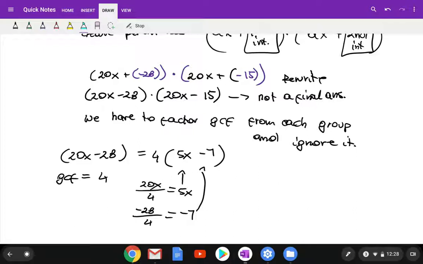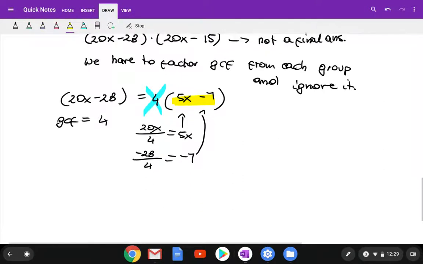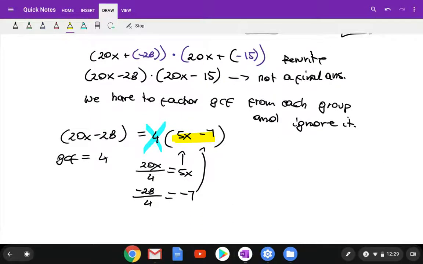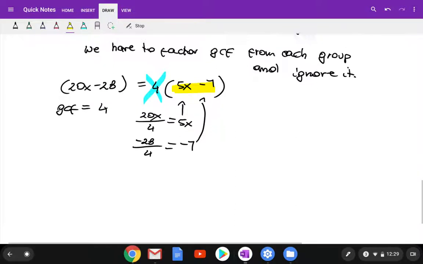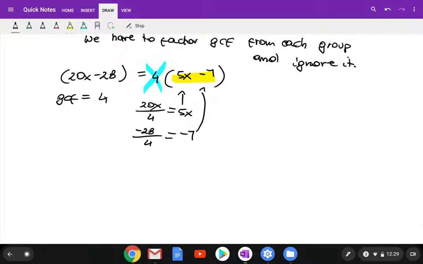And we ignore the GCF, okay? So the only thing we're going to keep is the final answer. It's going to be 5x minus 7. Next, take the second parenthesis, which is 20x minus 15. GCF here, like before, will be 5. So rewrite that as 5 times.